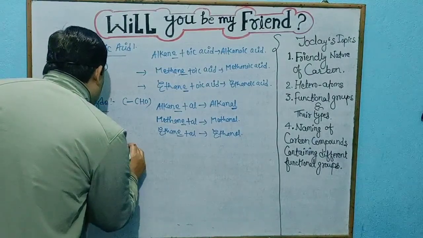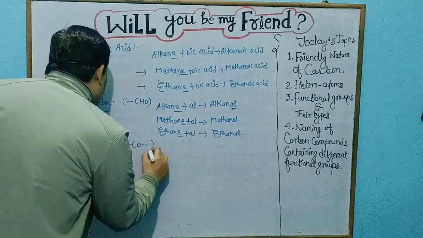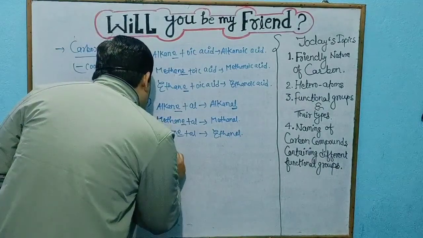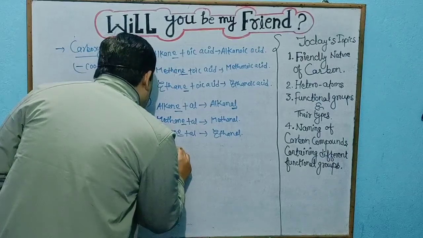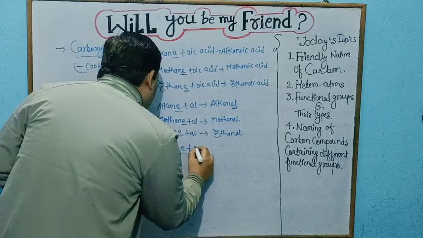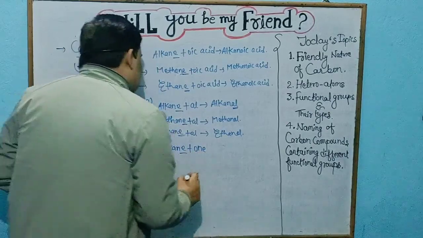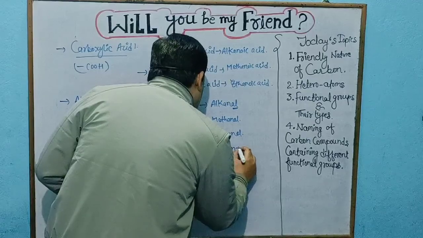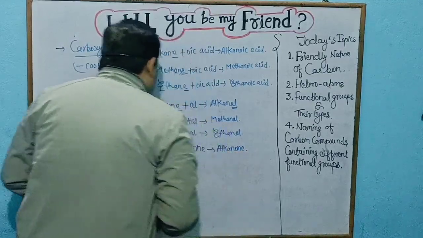The functional group present in ketone is CO, and it is also named in a similar manner. We replace E of alkane and add ONE to it. It becomes alkanone, right?